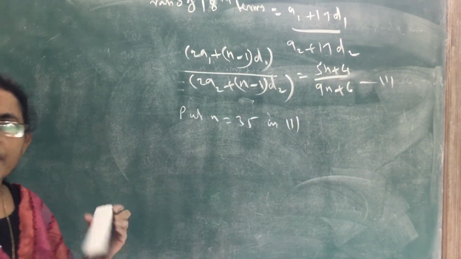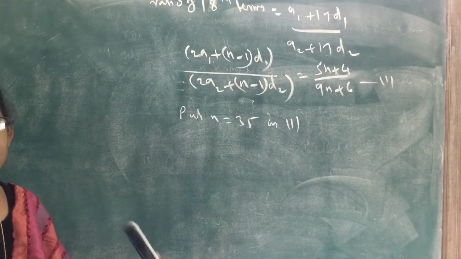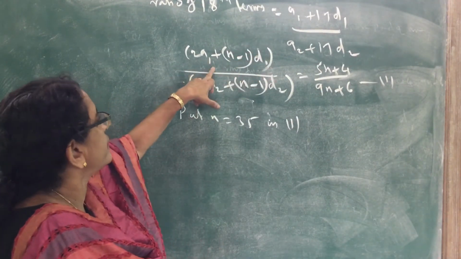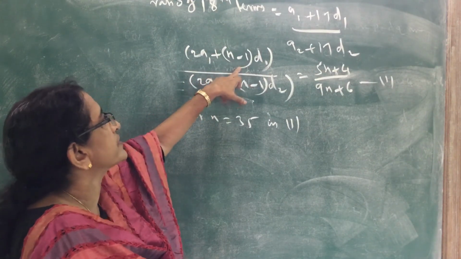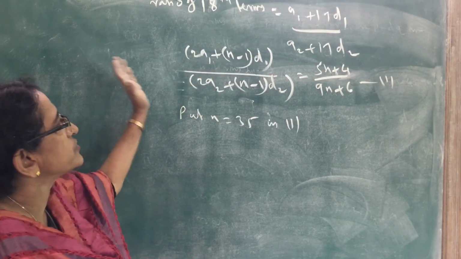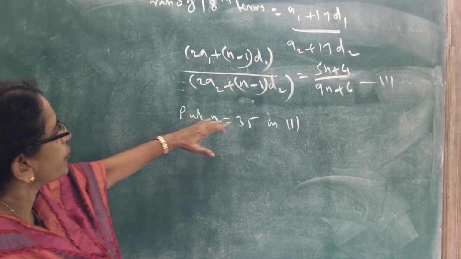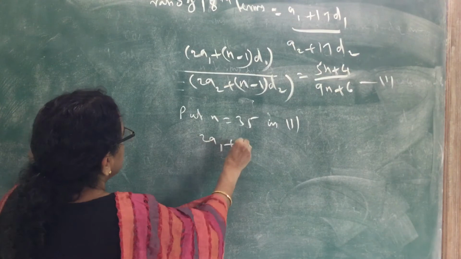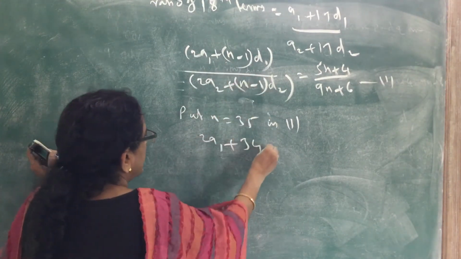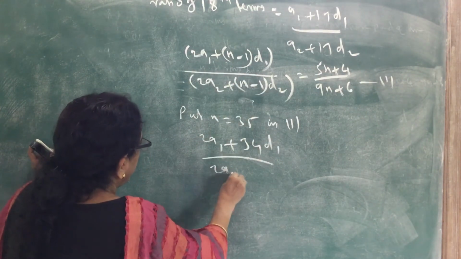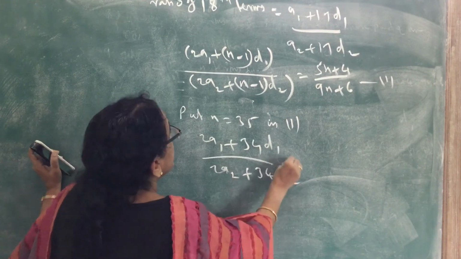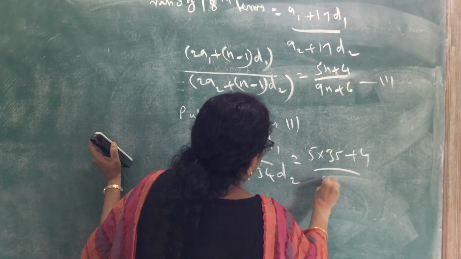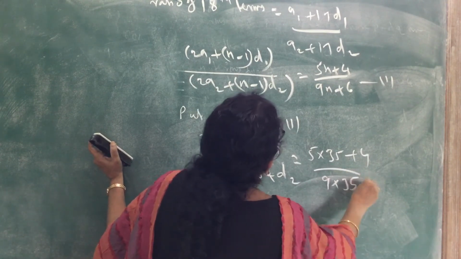We had to think about which value to substitute for n. Here there is 2a1, so we should get 34, and then cancelling 2 gives the ratio. Putting n equal to 35 in equation 1, we get 2a1 plus 34d1 divided by 2a2 plus 34d2 equals 5 into 35 plus 4 divided by 9 into 35 plus 6.